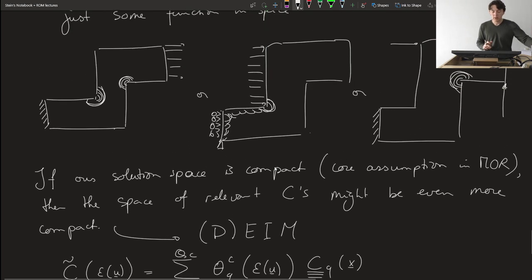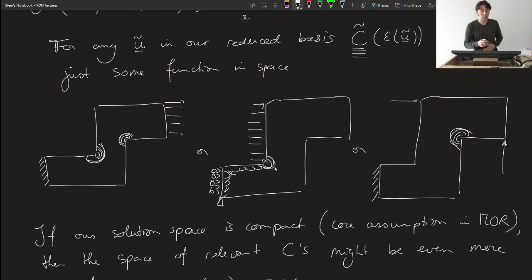So in our offline phase, we would scan our complete range of possible solution states. For each solution state, we would compute a stiffness distribution and store that. We would do a model reduction on that to find the most important stiffness distributions that describe the whole range of possible stiffness distributions as accurately as possible.